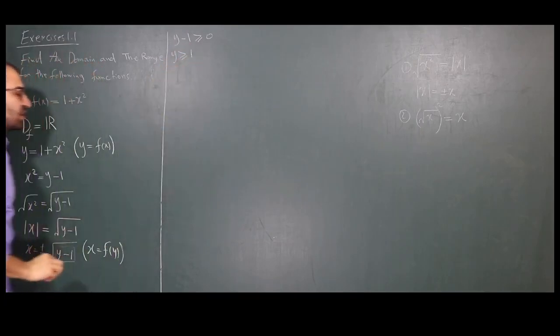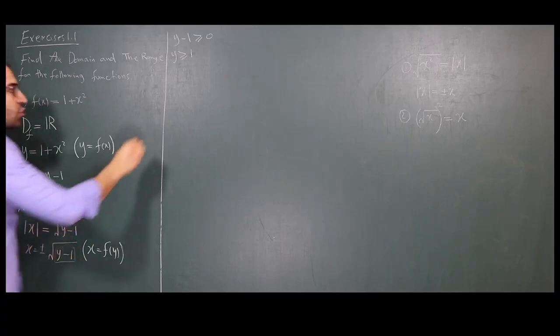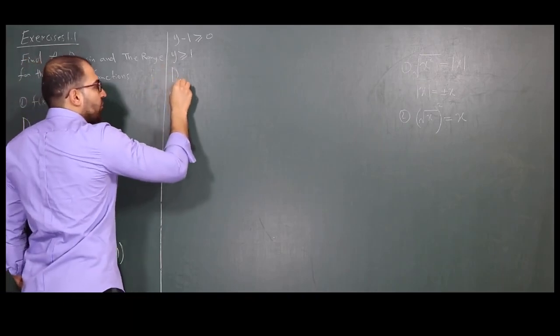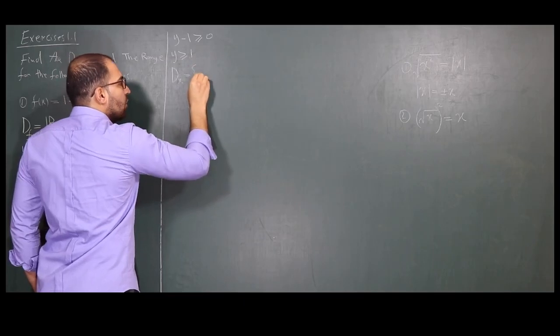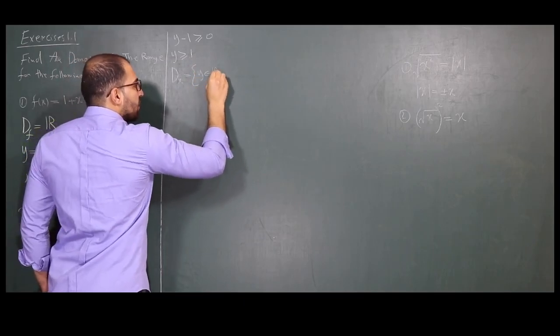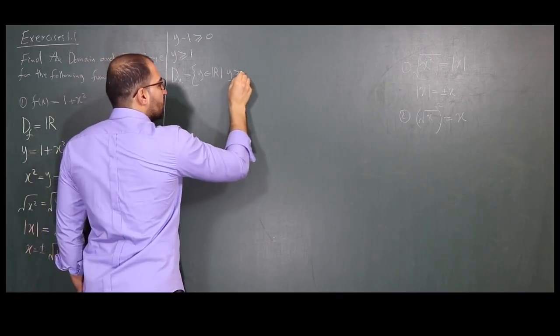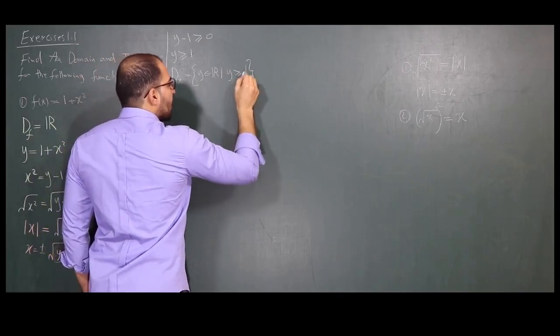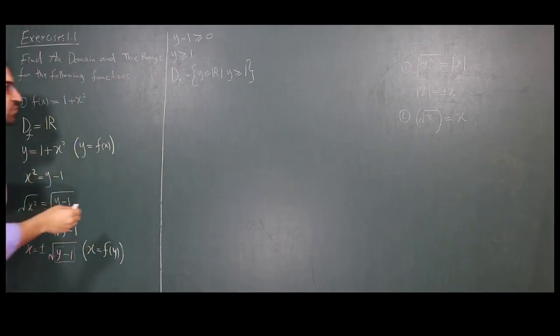So this is the condition that I need to satisfy to construct the domain of the function x. So the domain of the function x will be all the y in the real line that satisfies one condition, which is y should be greater than or equal to 1, which is the result for the main function.